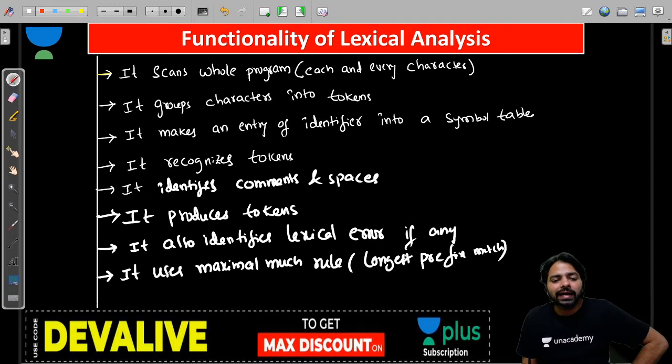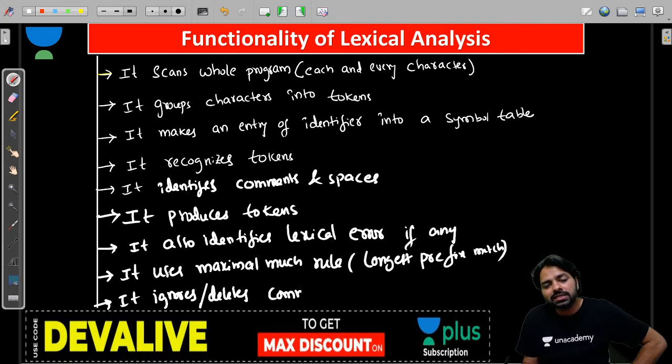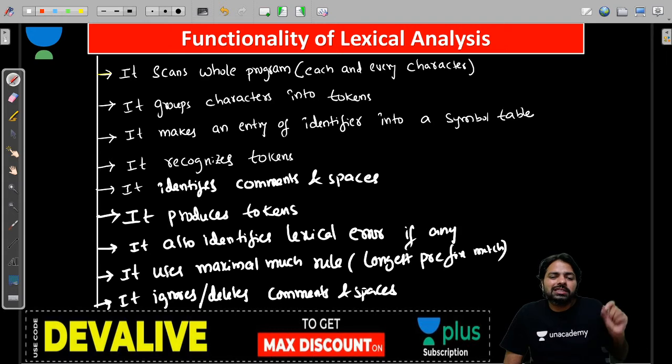And it not only identifies, it ignores, meaning deletes, comments and spaces. Any white space that it sees, it is going to ignore or delete in the program.